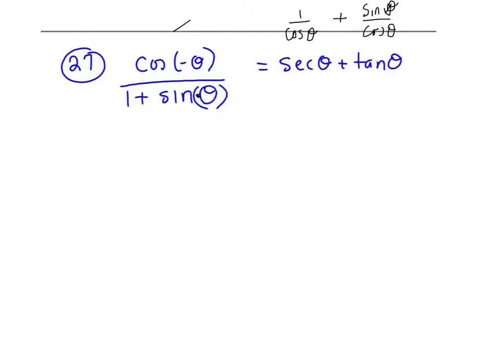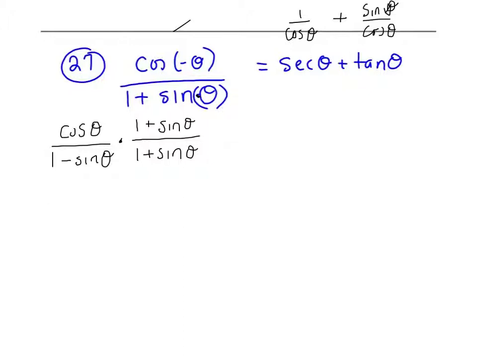Now, this is an even function on the top, so I'm going to have the cosine of theta on the top and 1 minus sine theta on the bottom, because sine is an odd function. Anytime I see 1 minus or 1 plus, I'm going to do my trick where I multiply by the conjugate of the denominator.